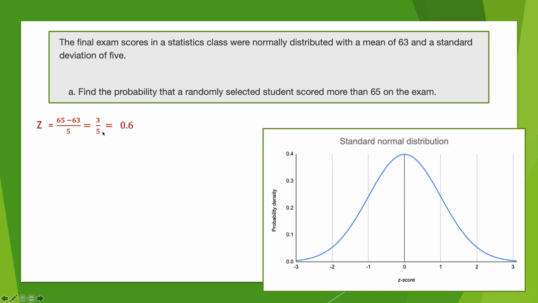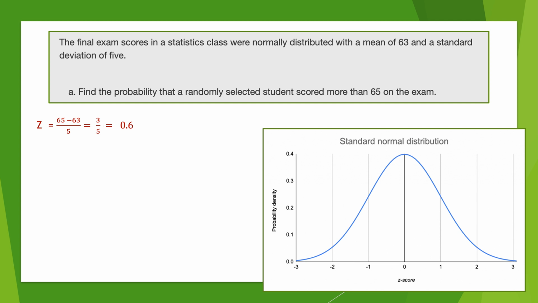Uh-oh. That should have been 2/5. I made a sloppy mistake. So we're going to change this question, and instead of a student getting a 65, let's change it to a 66. By changing it to a 66, we get 3/5 out of the deal.